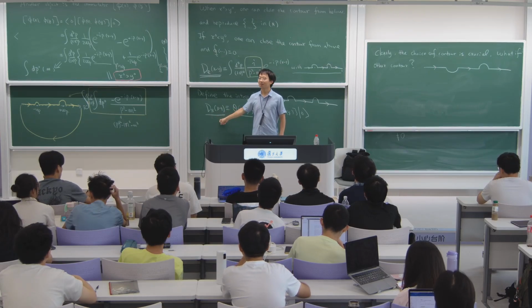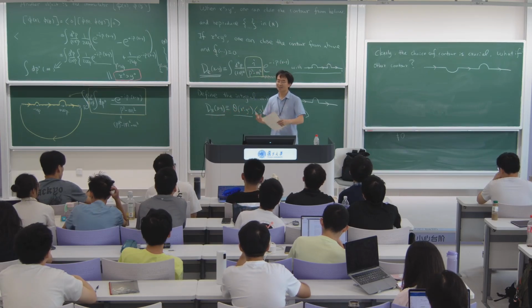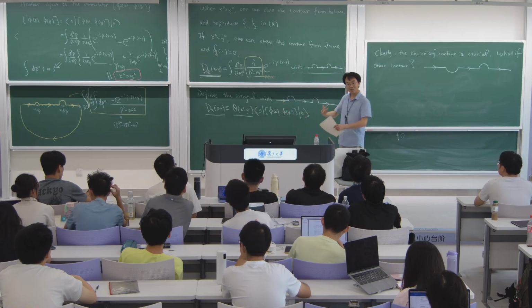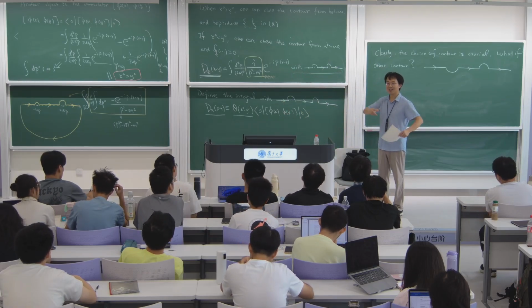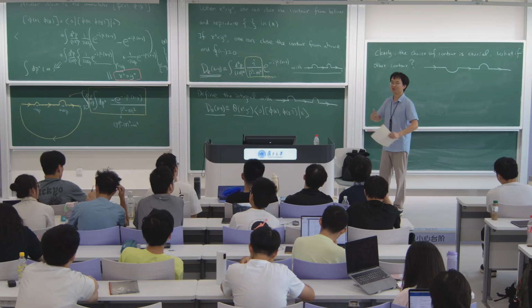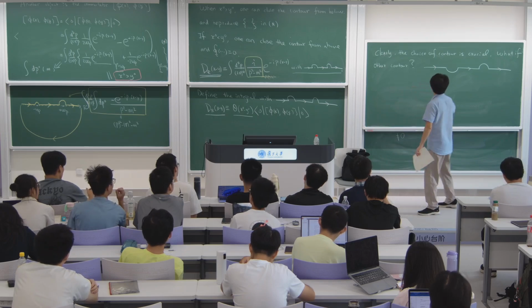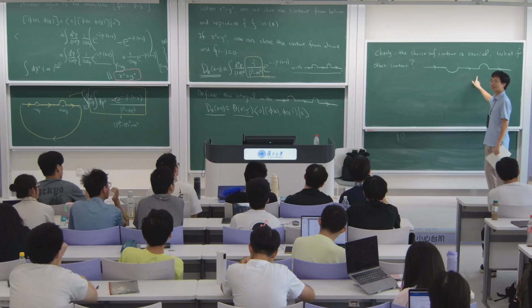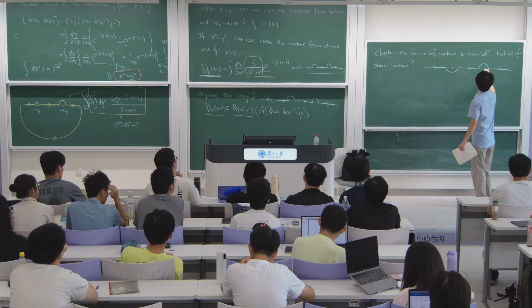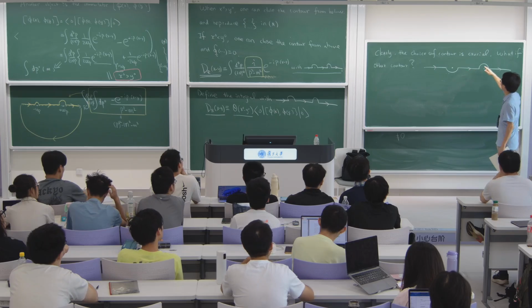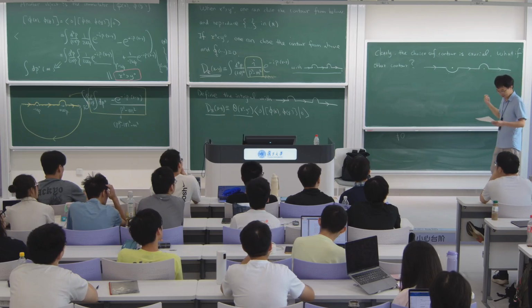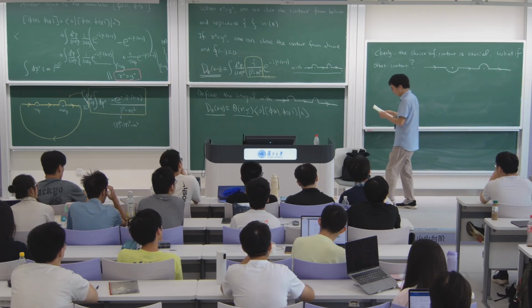Now, there's a freedom to choose the contour. That's what you told me. Now I'm allowed to make another choice. For example, I switch to another choice. These are the two poles. Now I choose to surround these poles in this way, and I have another definition.